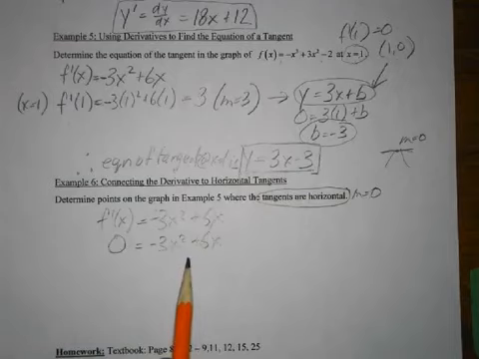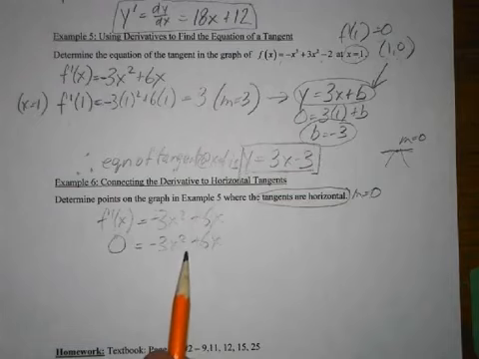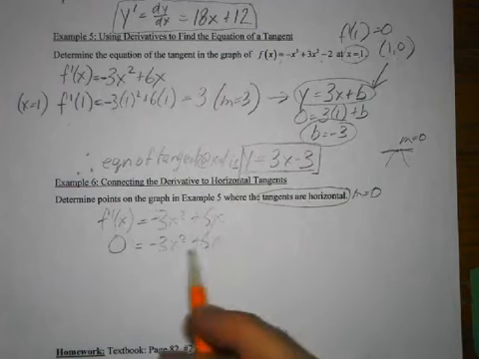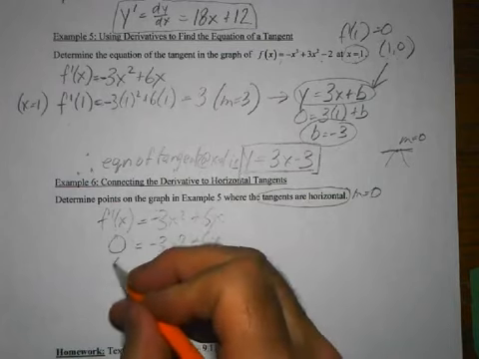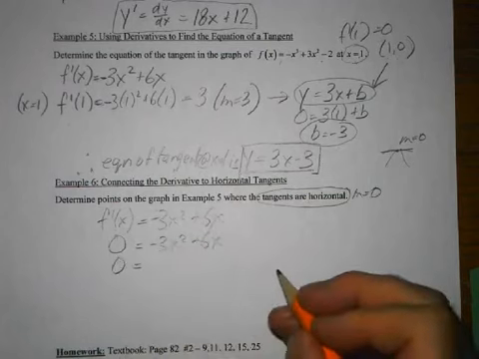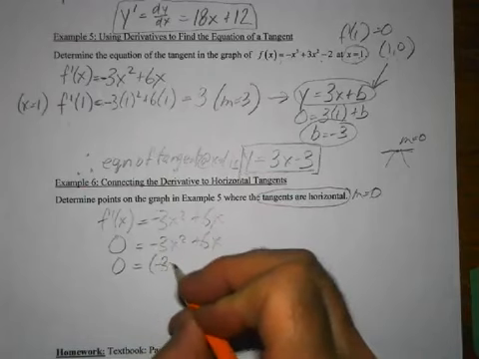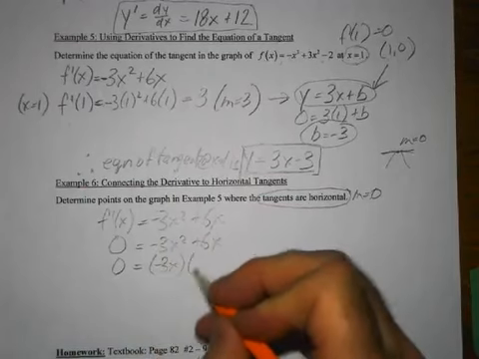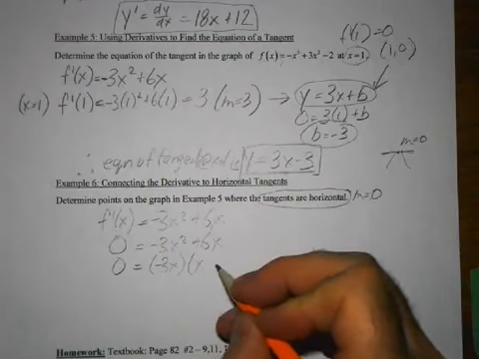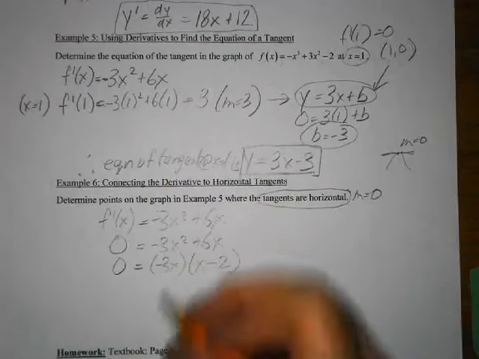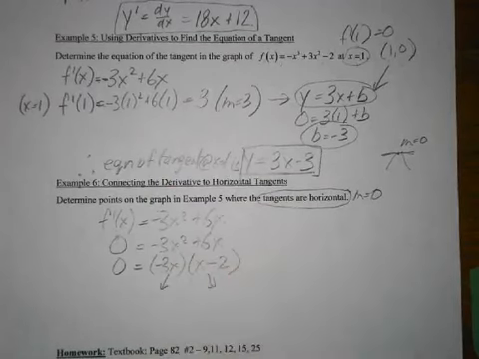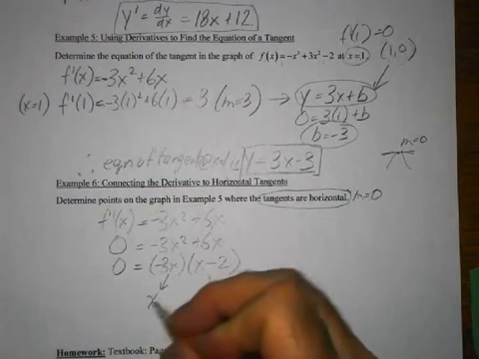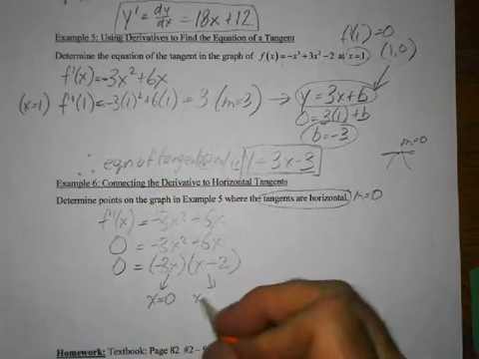So if you remember from previous math classes, you can do this either by factoring and solving, or you can do it through the quadratic formula. Now this one is pretty nicely factorable, so I'm going to factor the negative 3x out, and I get negative 3x times (x minus 2). So we get two values of x that'll make this true. x equals 0 and x equals 2.